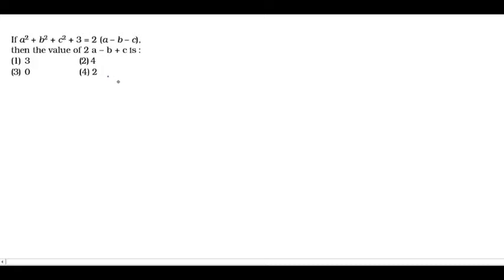A square minus 2a plus b square plus 2b plus c square plus 2c, bringing it to this side. We will keep 3 here only, equals to 0. This is the equation we got.